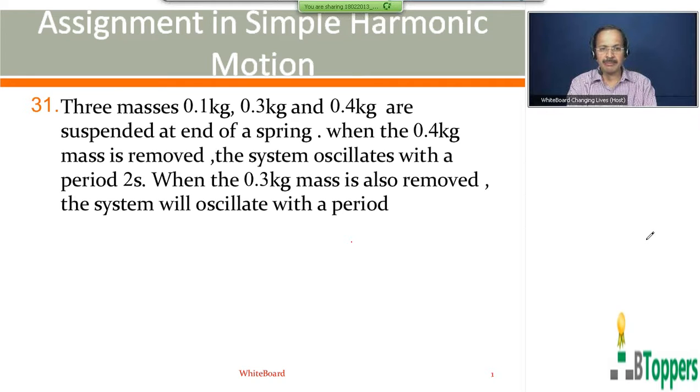When the 0.4 kg mass is removed, the system oscillates with a period of 2 seconds. When the 0.3 kg mass is also removed, the system will oscillate with period. I have shown 4 options on the screen.